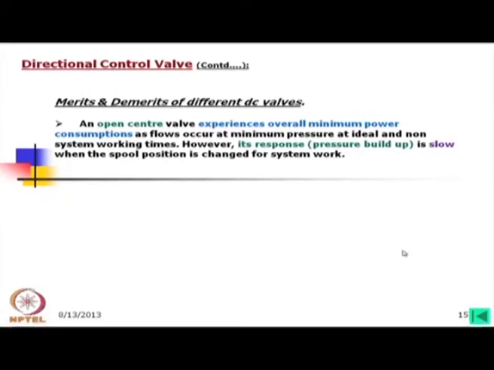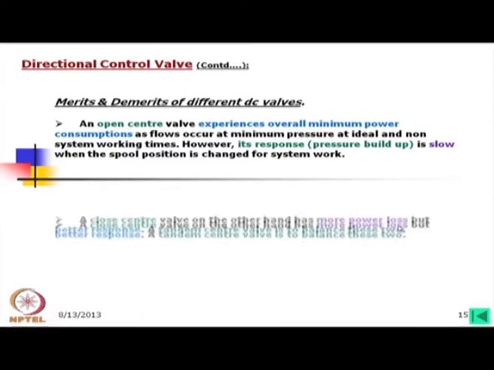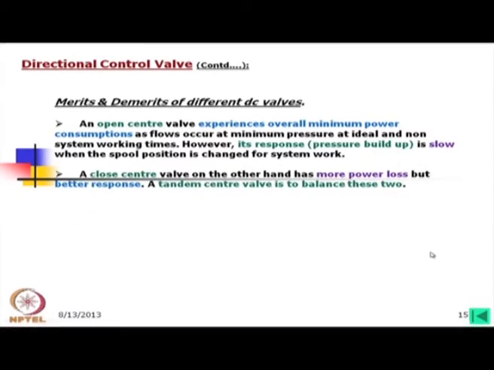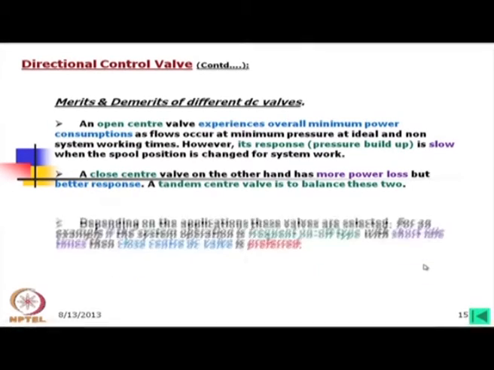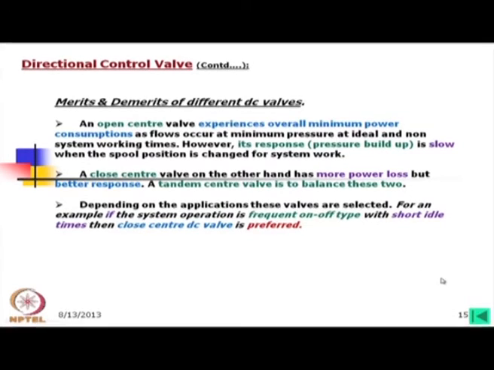However, its response pressure buildup is slow when the spool position is changed for system work. A closed center valve on the other hand has more power loss, but better pressure response. A tandem center valve is to balance these two, which I have already discussed. Depending on the applications, these valves are selected.